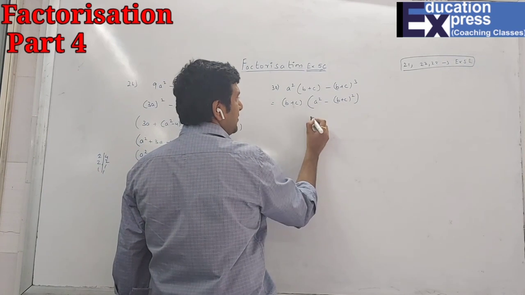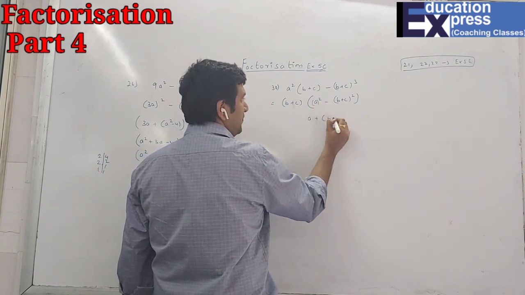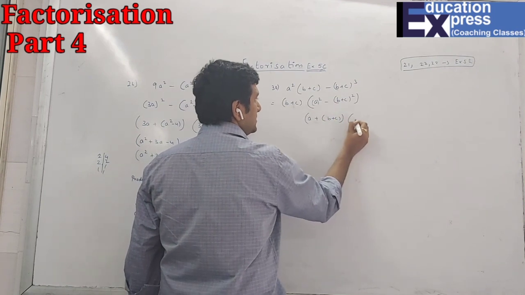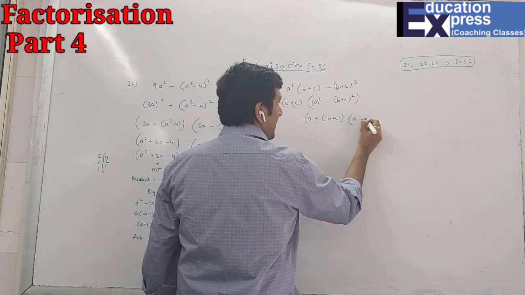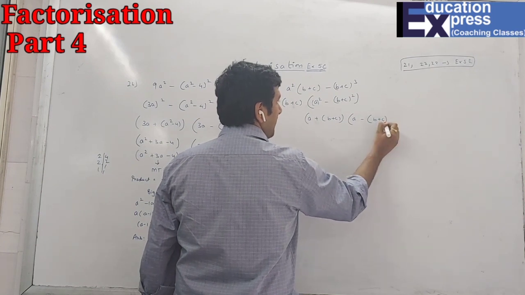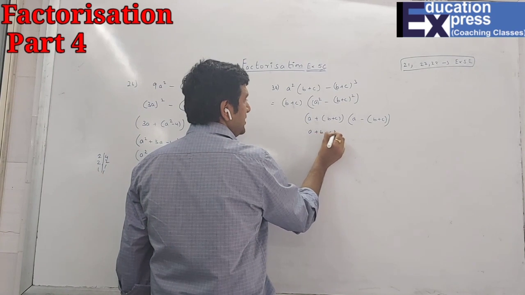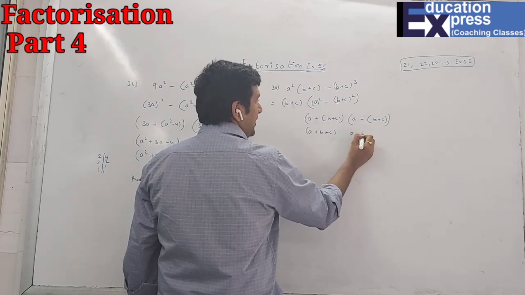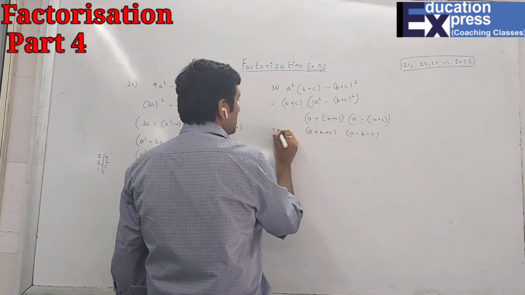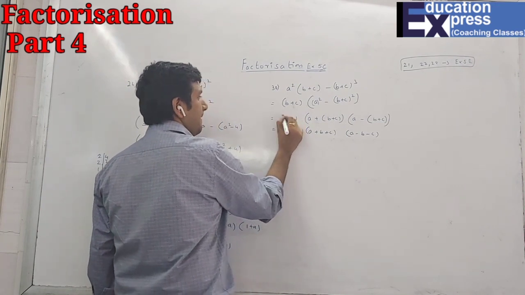So a square minus (b plus c) square is (a plus b plus c)(a minus b minus c). So a plus b plus c and a minus b minus c, times b plus c. Answer.